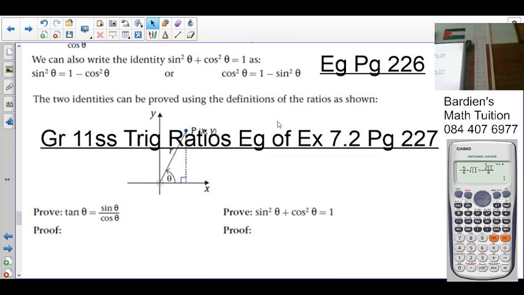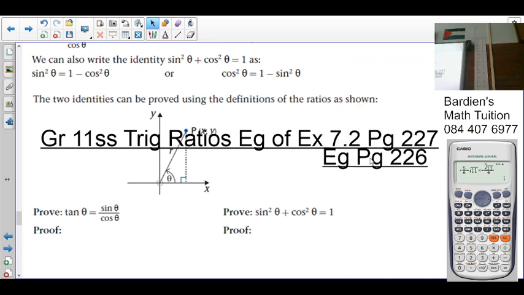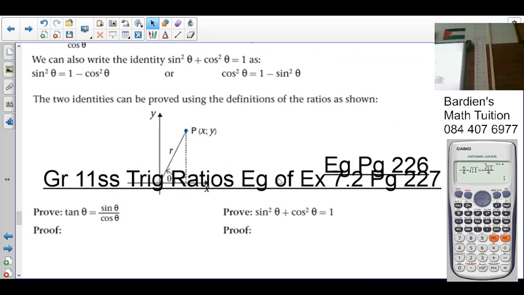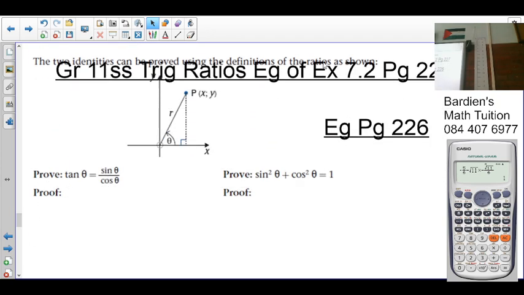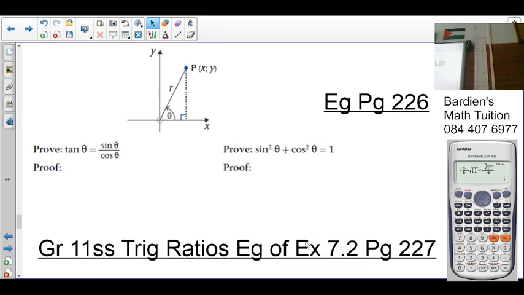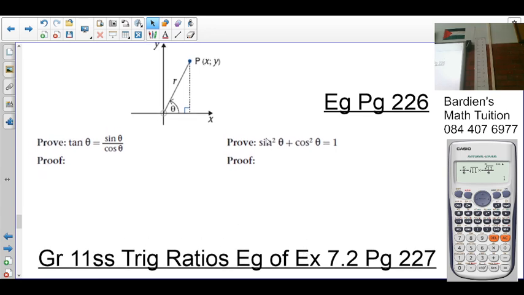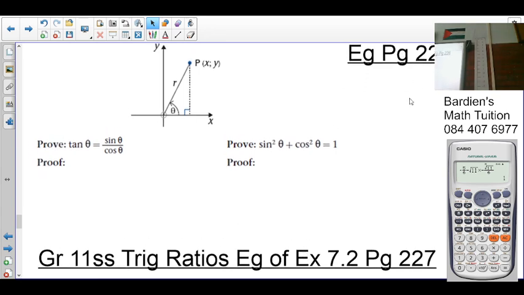Then we are told that the two identities can be proven using the definitions of the ratios as shown here. I'm going to prove this to you quickly. We must prove that tan theta equals sine theta over cos theta. Let's go with the right hand side first.